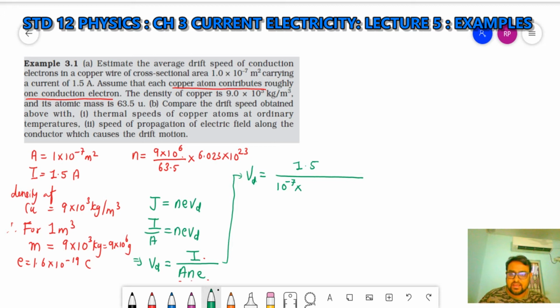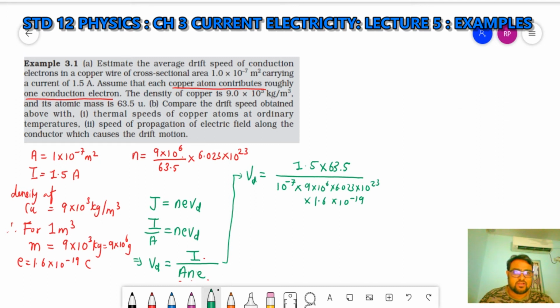Clear? n is 9 into 10 raised to 6 into 6.023 into 10 raised to 23 upon 63.5, now I got the numerator. Here e, that is the charge of electron, will be in the denominator: 1.6 into 10 raised to minus 19.